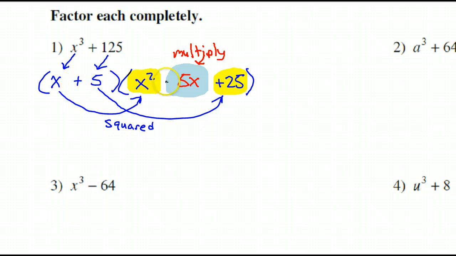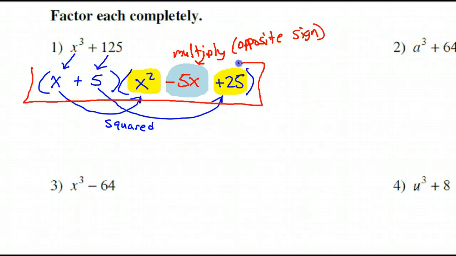So if this is positive, it's going to be negative. So I just multiply these two together, and it's going to be opposite sign. And that's it. That's how you do it. Now, this trinomial is never going to be factorable, so you don't need to worry about it. So that's it. That is how you factor the sum or difference of two cubes.